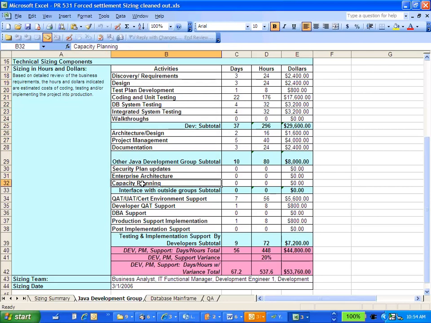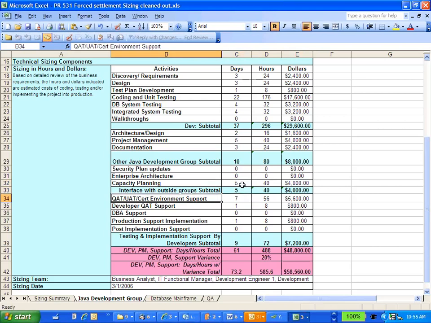Capacity planning, as the name indicates, sometimes your project will have an impact on the capacity of the servers. Like in the Netflix example, we said it is going to be a tremendous impact on your capacity planning. So we'll have to really think about it for maybe 5 days, which is 40 hours, right? And then the developers have to support the QA effort.